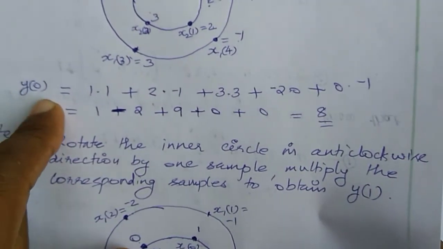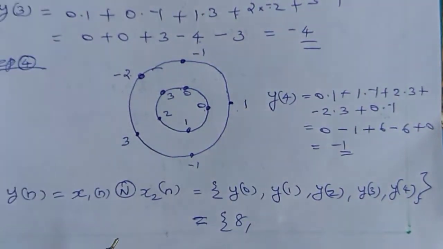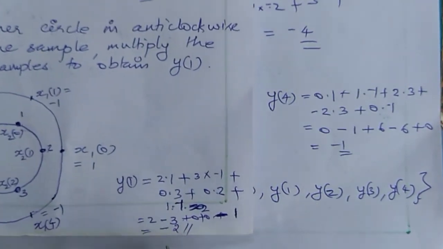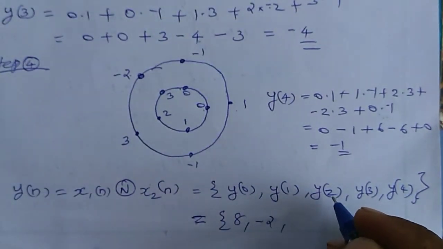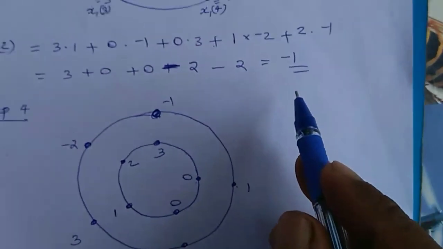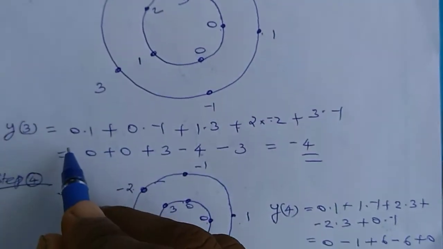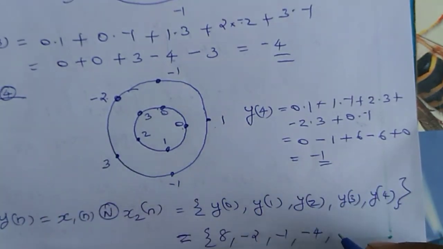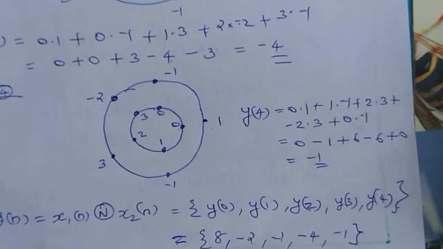That is obtained in step 1. y of 0 is equal to 8 comma, what is our y of 1, that is y of 1 we obtained is minus 2 comma, and y of 2 is equal to minus 1, and y of 3 obtained is minus 4, and finally y of 4 obtained is minus 4. That will be the result of our problem.